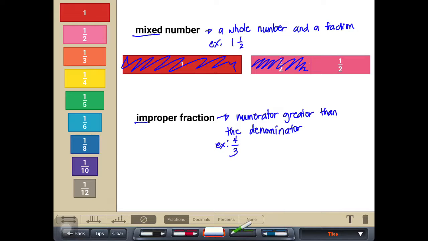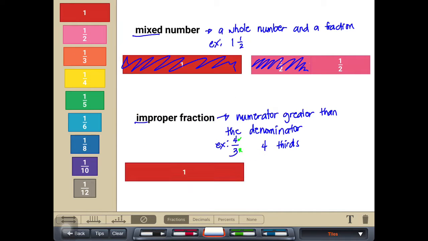So as you can see here, the numerator is greater than the denominator. So to show that 4/3, I need 4 of the thirds. So let's count first.